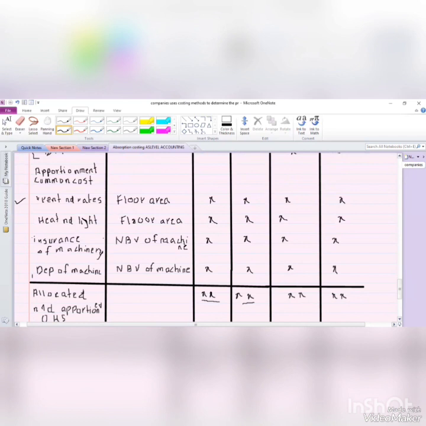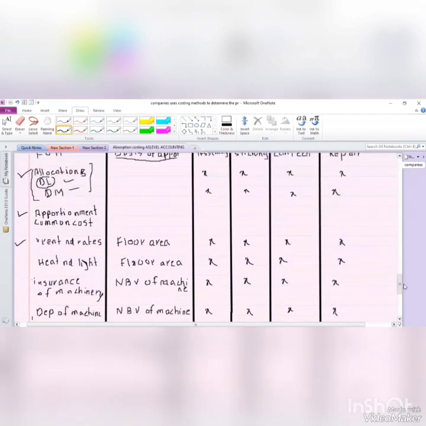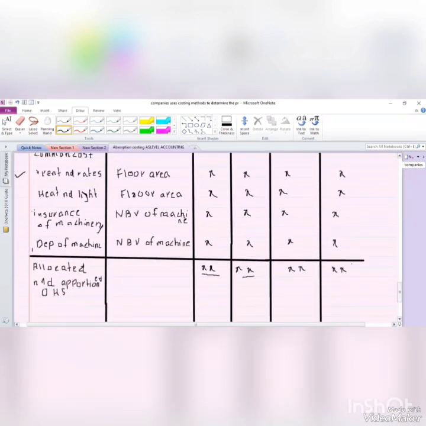If we are talking about electricity, we don't know how much electricity is used by different departments. So here we use the second step of absorption costing, which is apportionment, and we divide the common costs among different departments on a fair basis. After that, we calculate the allocated amount and the apportioned amount, and we now have allocated and apportioned overheads.